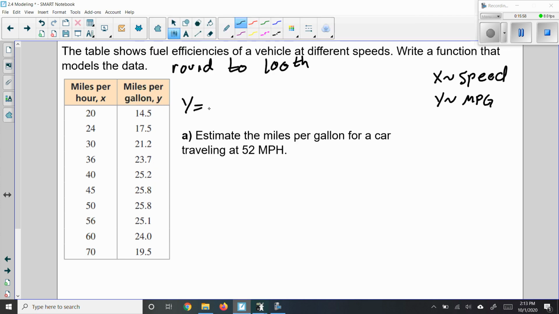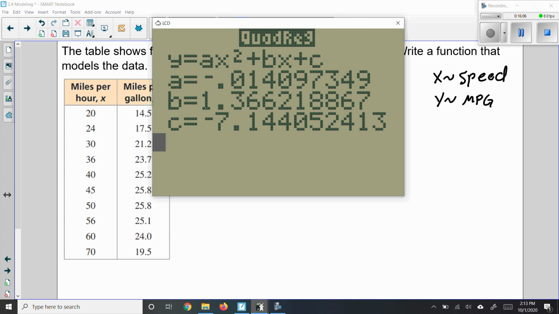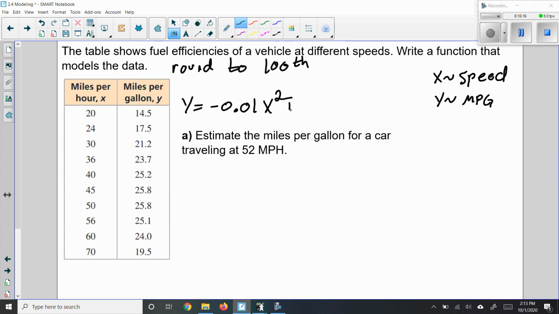So the regression model is y equals negative 0.01x squared. B is 1.366. The nearest hundredth would be rounding this 6 up to a 7. So 1.37. So plus 1.37x.